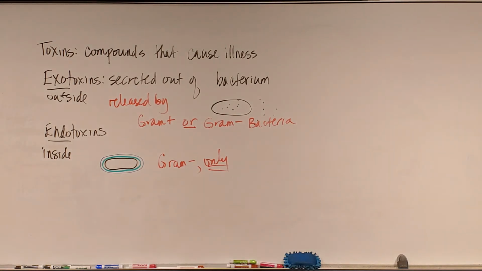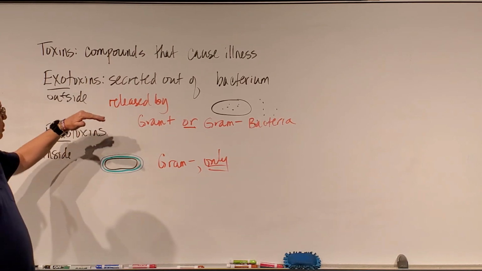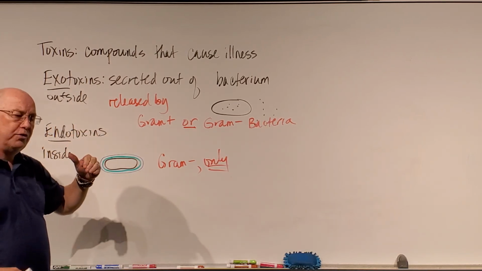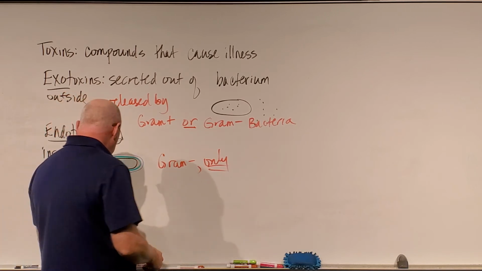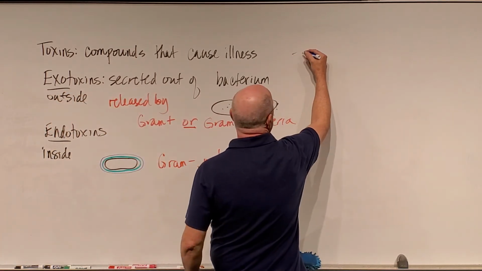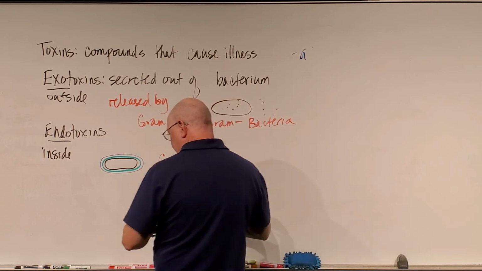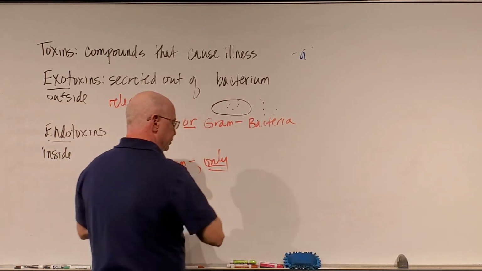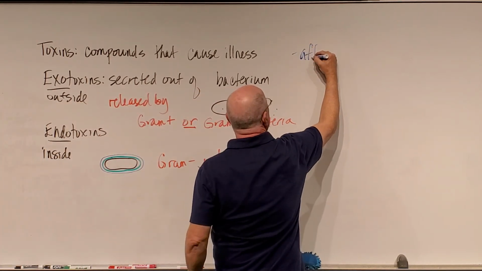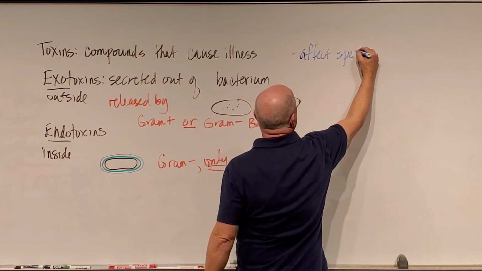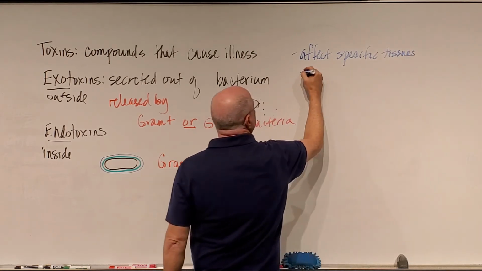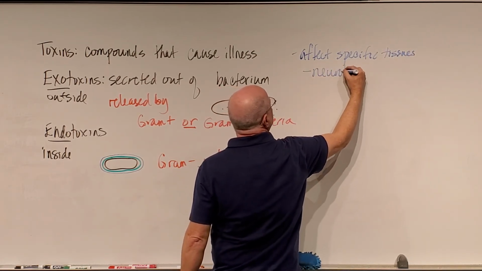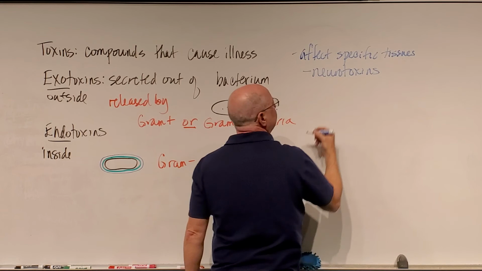Now, when it comes to the exotoxins, some of the exotoxins are named for the specific type of tissue that is affected. So, this marker is very hard to erase once it writes on the board. But these affect specific tissues sometimes. So, for example, one class are called neurotoxins. Well, guess what?